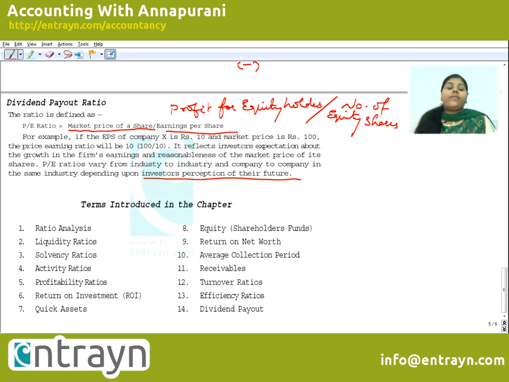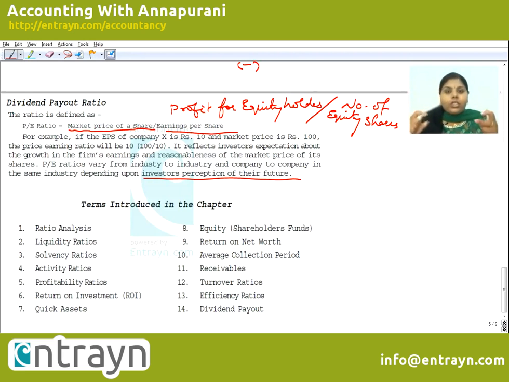And the last one is dividend payout. Dividend payout is basically on the earnings per share. Okay, it is on EPS. EPS is earnings per share. If we have earned huge amounts of money, then dividends are given out of them.